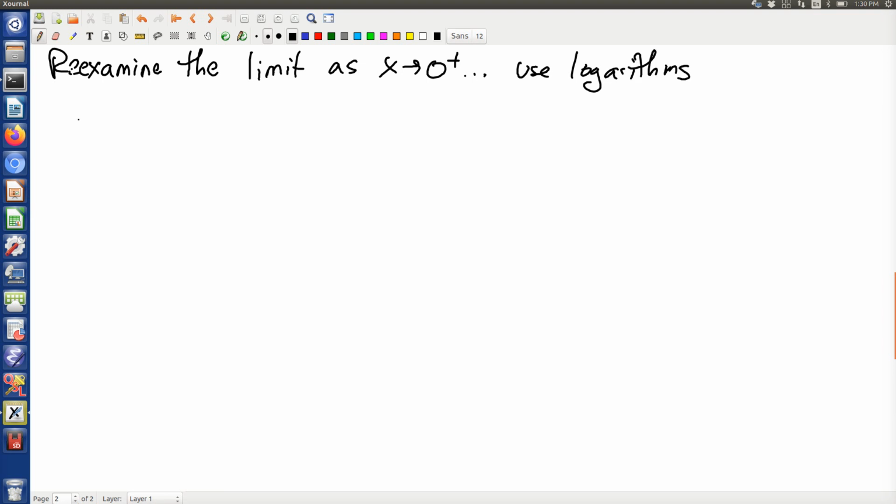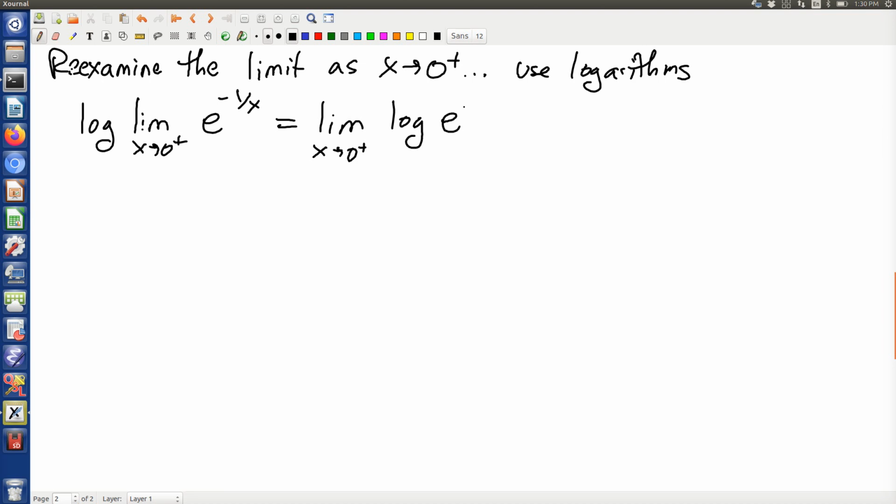And in particular, if I take the logarithm of the limit as x goes to 0 from above of anything, but certainly this function here, it's equal to the limit of the logarithm. Now why is that? Why am I allowed to exchange the limit and the logarithm?